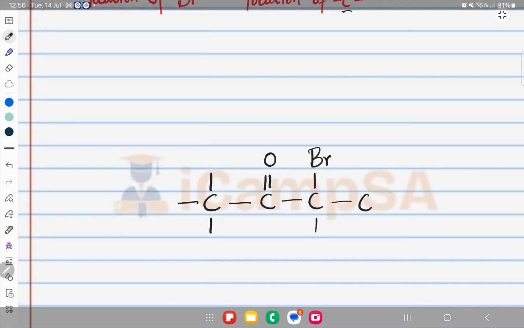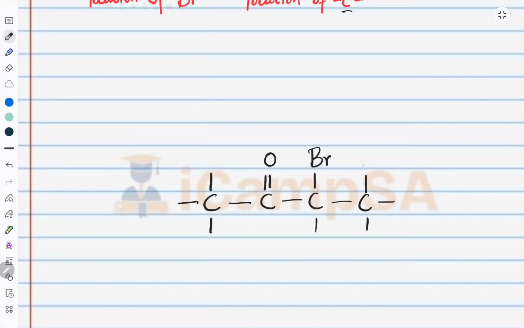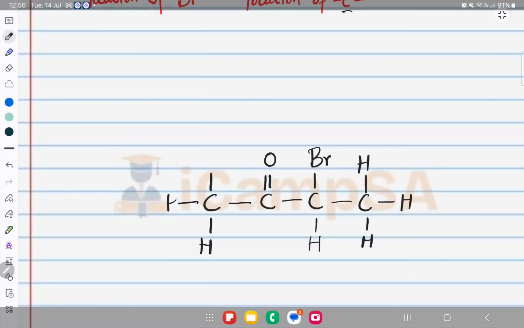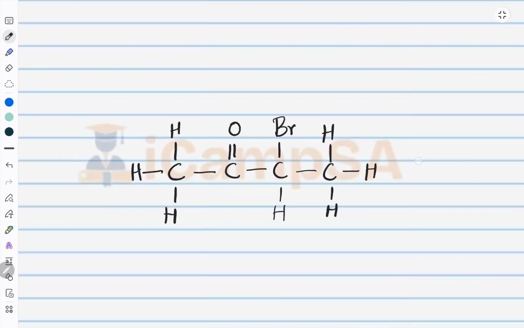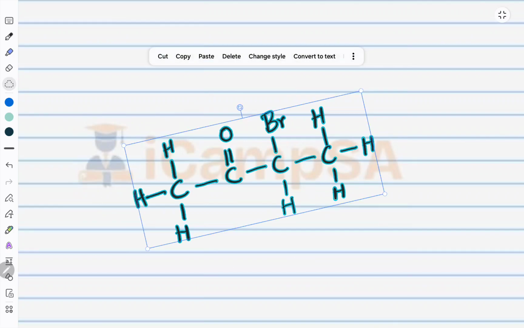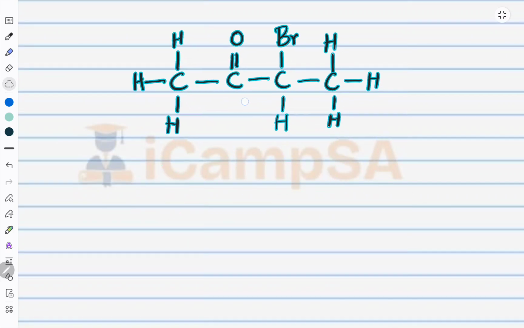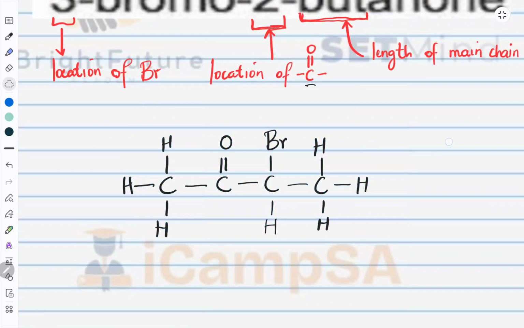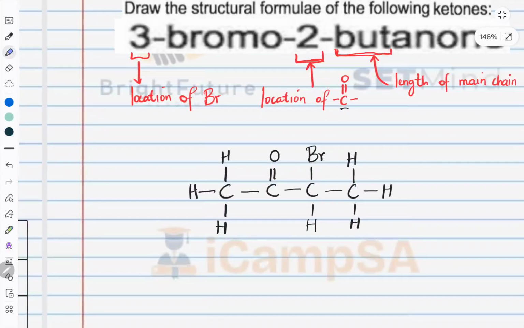Now we can add our remaining bonds and populate those with the hydrogen atoms. And this, ladies and gentlemen, is how you would construct your structural formula for this organic compound, for this ketone.